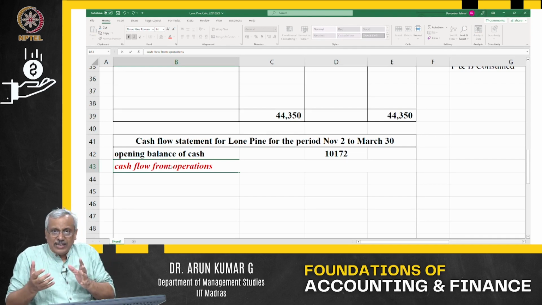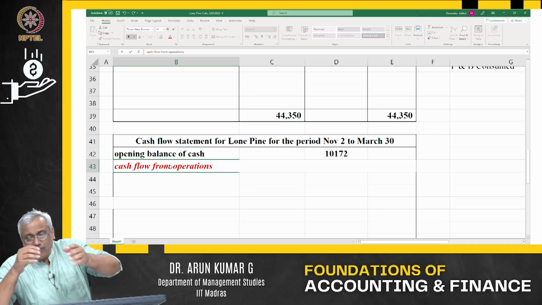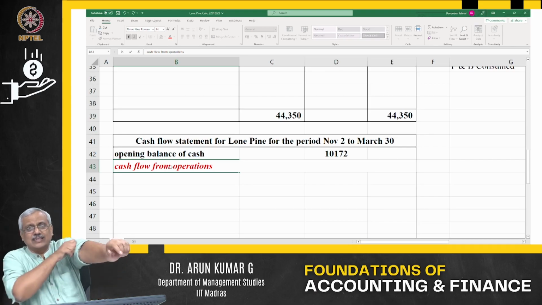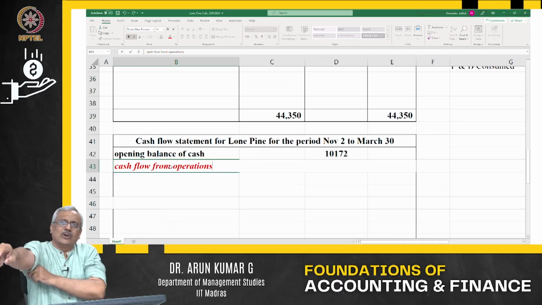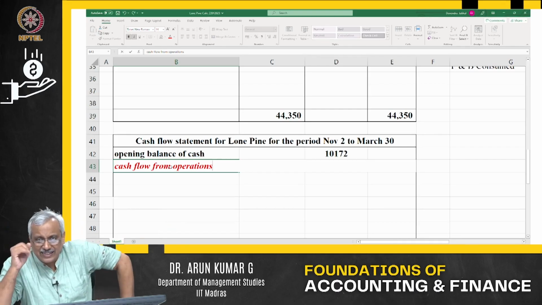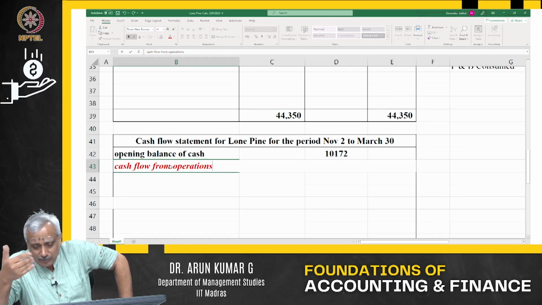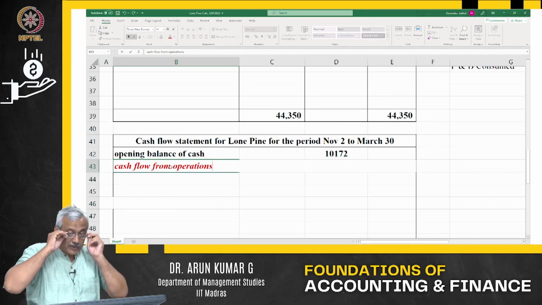Now I want to see what cash flow the operating activities have generated, what cash flow the financing activities have generated, and what cash flow the investing activities have generated. If I club all these four, then the cash you will have equals your cash balance at the end of the period. Let us do this and I will explain a little more.